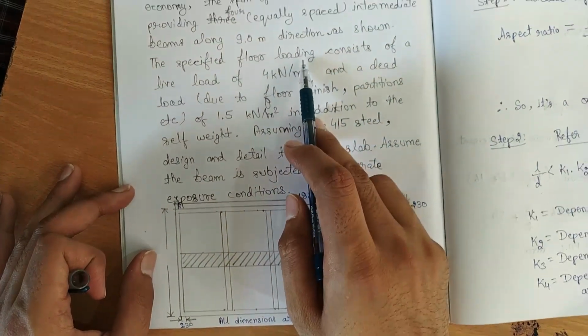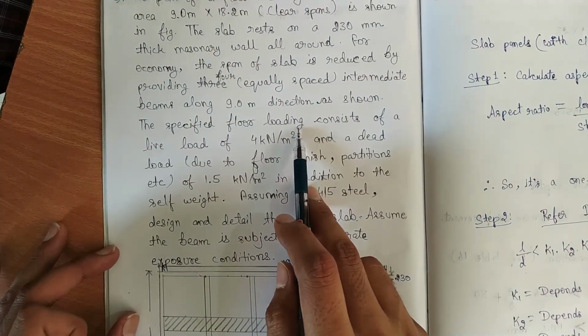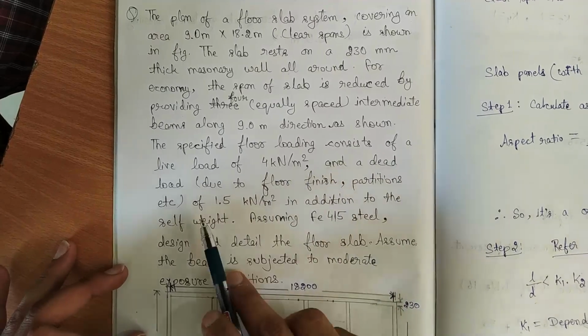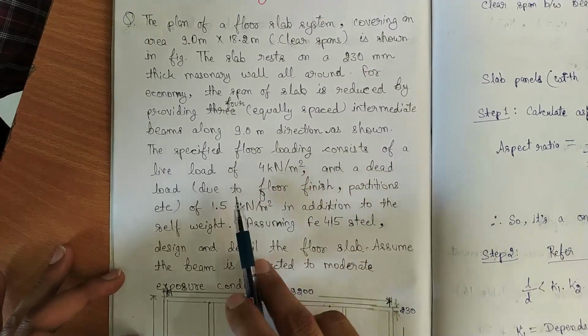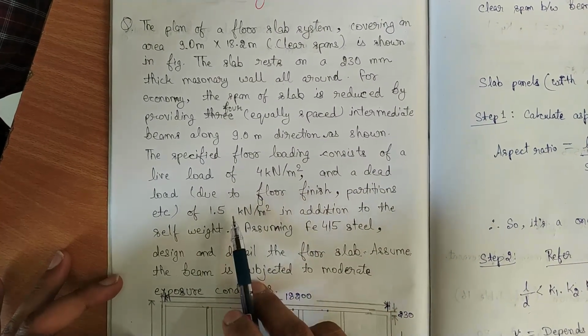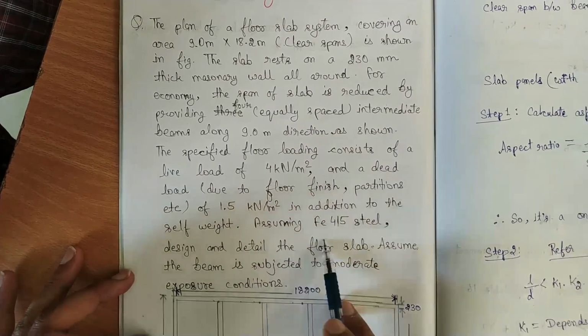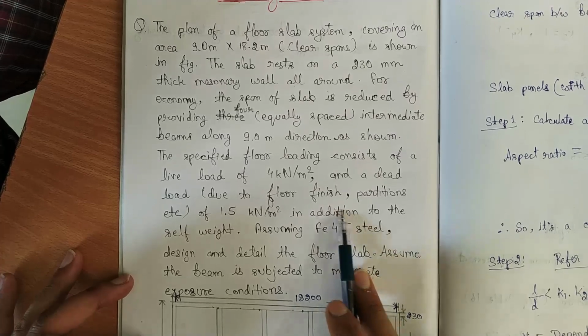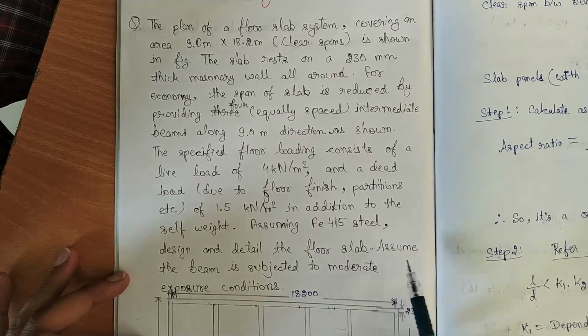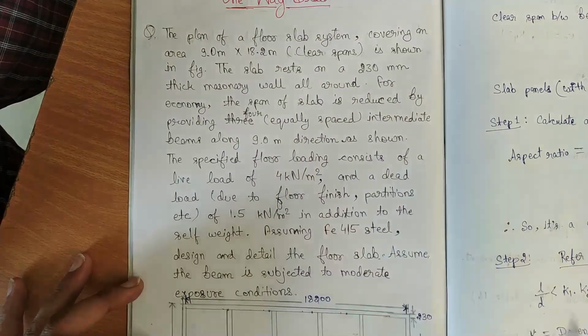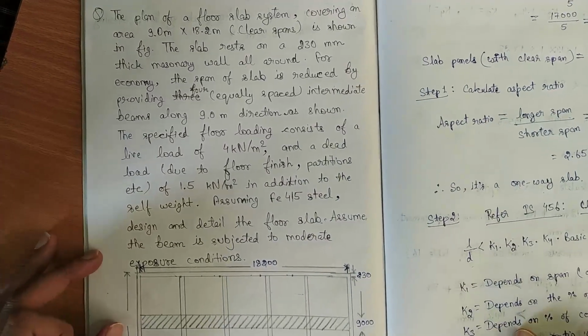Also, the important point is the live load was 4 kN per meter square. Then the dead load due to floor finish and partition was 1.5 kN per meter square. Grade of steel was Fe 415 and we don't need the rest now.